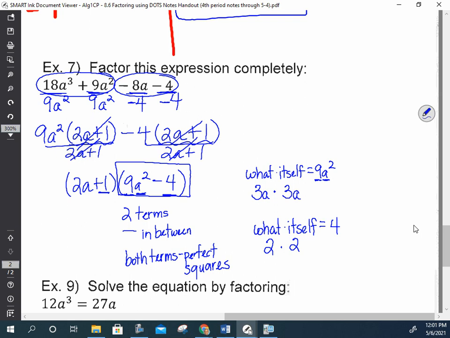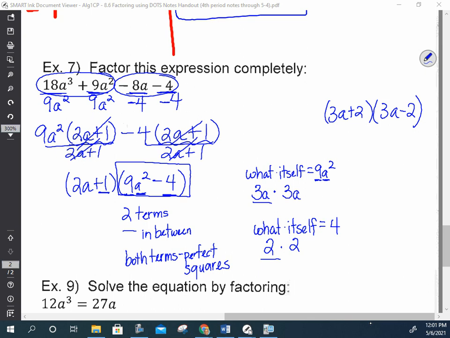So that means 9a squared minus 4 can be broken down a little bit more. So your answer for that is 3a plus 2, 3a minus 2.